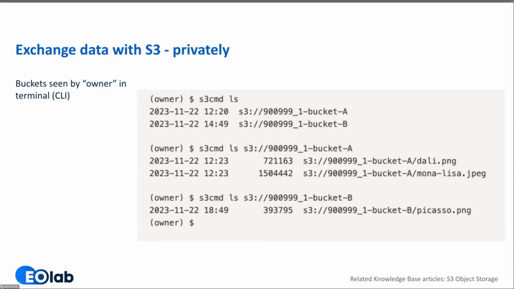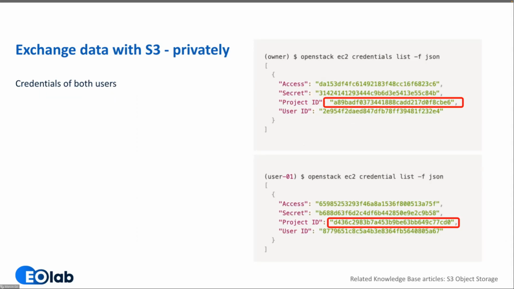And if you want to share some of these buckets, in this example, I will show you how the owner shares bucket A to user 01. To do that, once again, I show you the credentials. You can also check credentials by OpenStack EC2 credentials list.